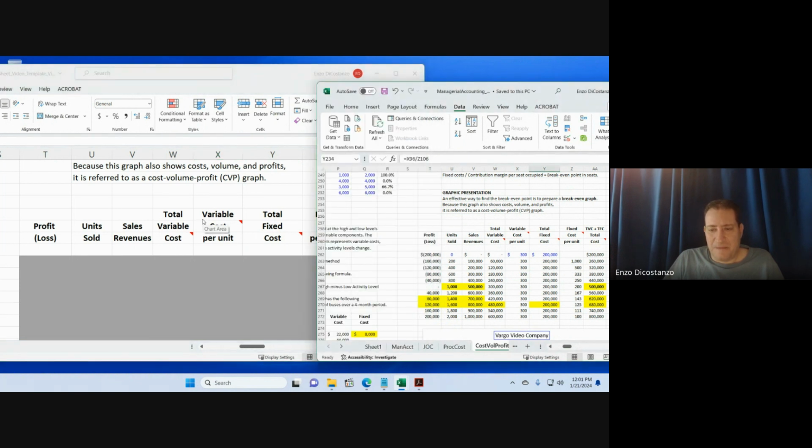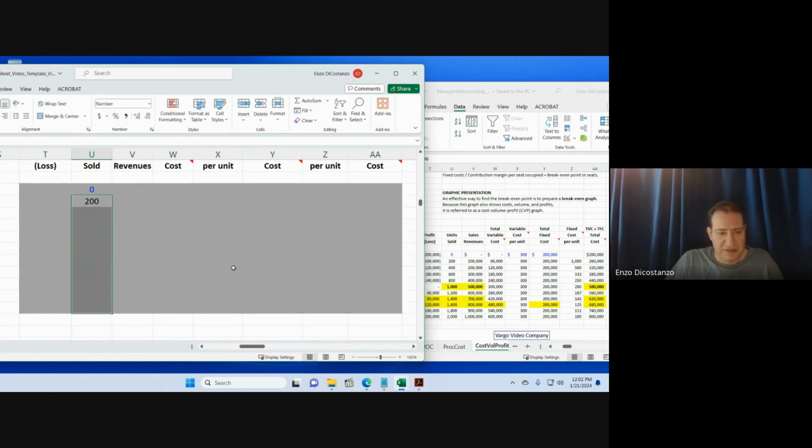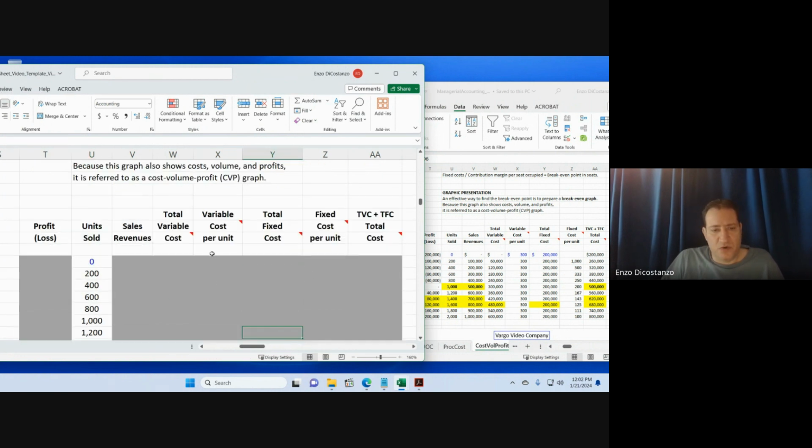So I have profit and loss in here. Let's look at some units sold. I typed in a 0. When I said equals, that's 0 plus 200 units at a time of these camcorders. I'll say Control D. So you went down to 2,000 units. The variable cost per unit is 300.